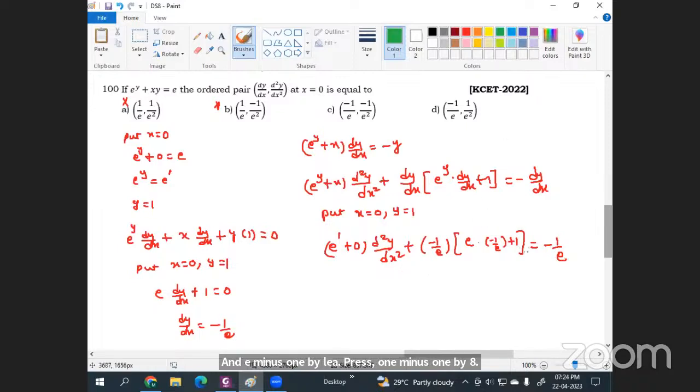So this you will get cancelled. This part is 0. Then the whole term will get 0. e into d square y by dx square equal to minus 1 by e, d square y by dx square equal to minus 1 by e square. So your option C is the right option.